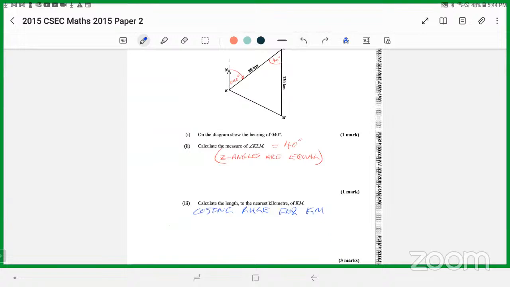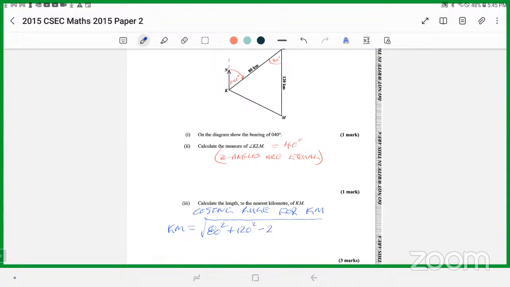Notice I don't give a lot of space for it to work. So when I write KM equals, I must see the square root. We would normally have a square here, but we put a square root on this side instead. There's going to be this 80 squared plus this 120 squared, and you have to subtract a piece.